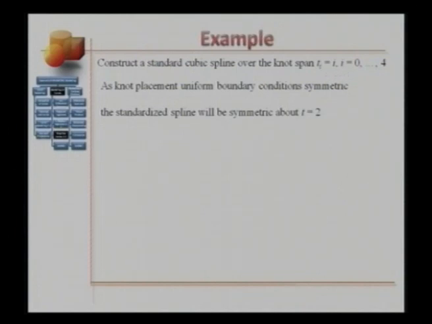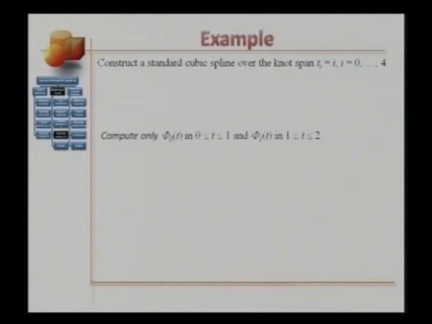The boundary conditions will be symmetric. So our standardized spline will be symmetric about t equals 2. This would mean that we would need to compute only 2 segments of the spline, phi 0 t in the knot span 0, 1 and phi 1 t in the knot span 1, 2.